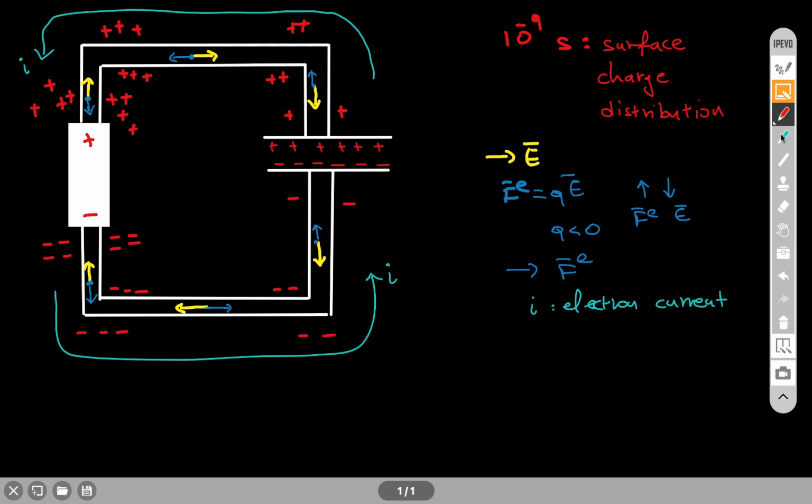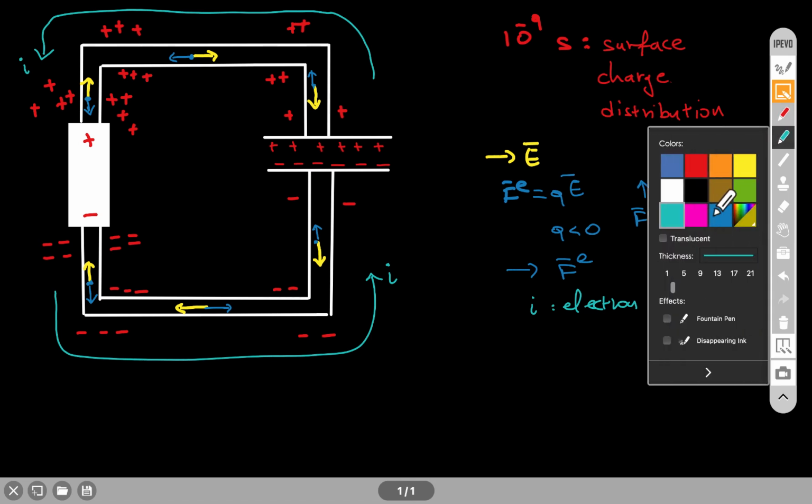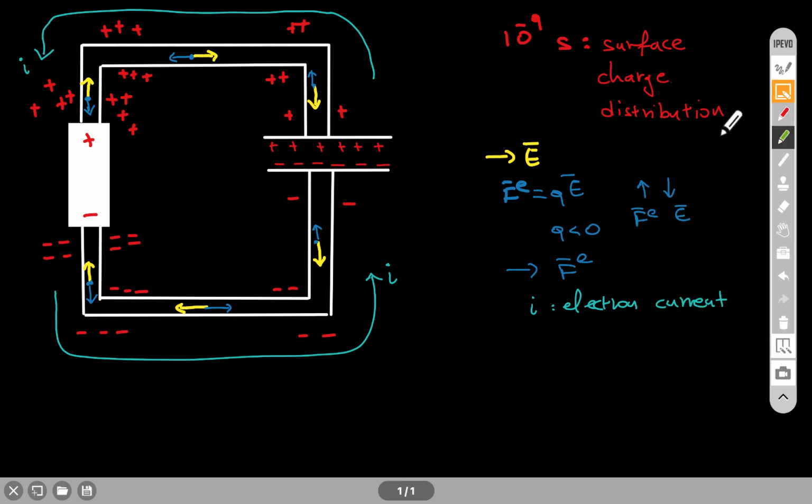The capacitor, just outside the capacitor, will create an electric field. The positive plate of the capacitor will create an electric field that points up. The negative plate of the capacitor will create an electric field that goes down. But because the positively charged plate is closer to these points, the capacitor overall will create an electric field that goes up.